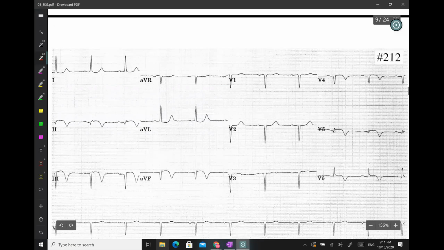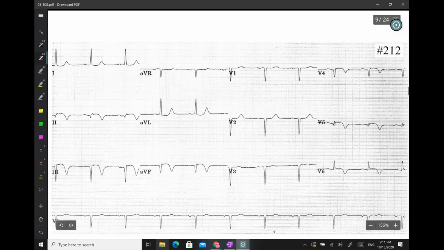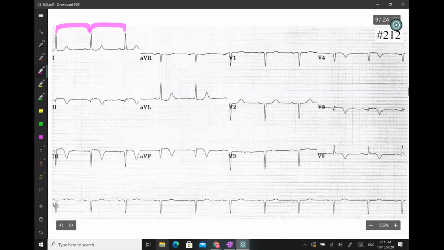Okay, I will start from the rhythmicity of this ECG and look at these P waves and V1s here. They look quite rhythmic, and they are about 5 large squares. So I believe this is 60 beats per minute.